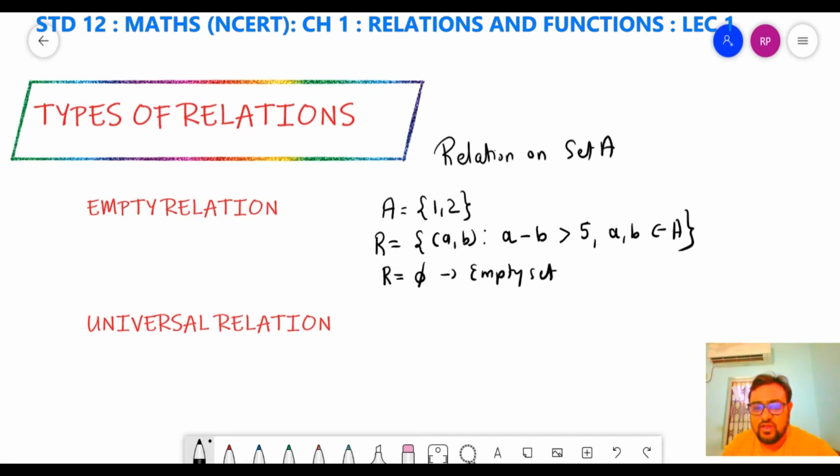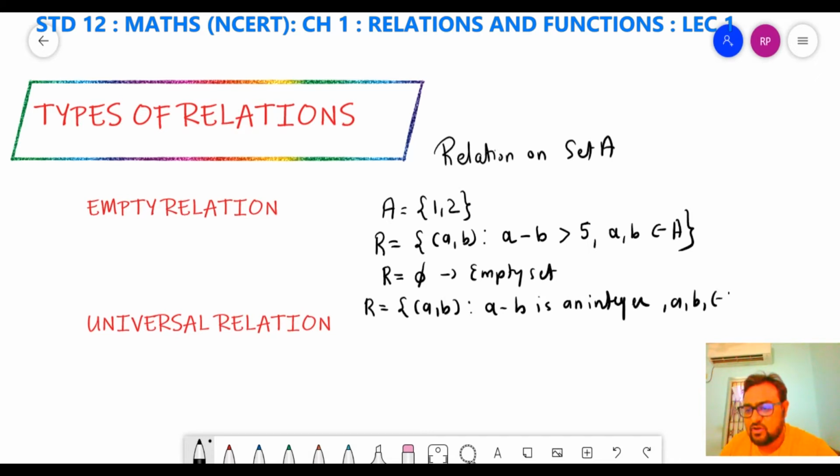Clear? Okay. But now if the relation is like this, {(a, b) such that a minus b is an integer and a, b belongs to A}, right? Clear? So now see, I can take value of a, that is 1 and 2, and value of b, that is 1 and 2, and we know that when two integers are subtracted, the answer will always be an integer.